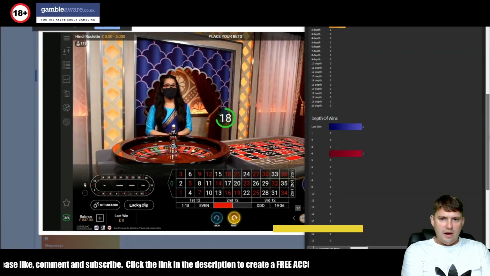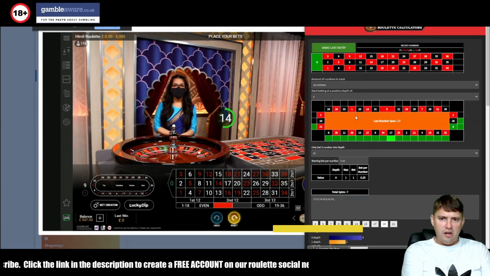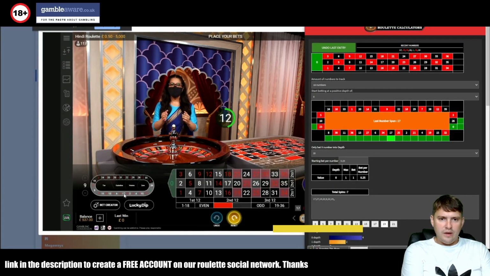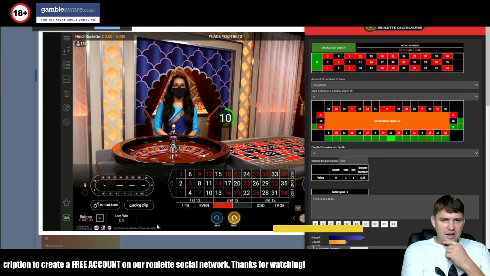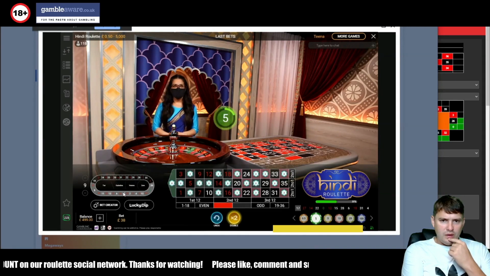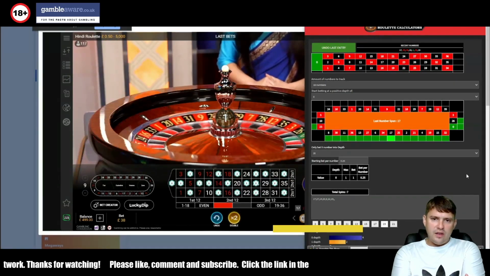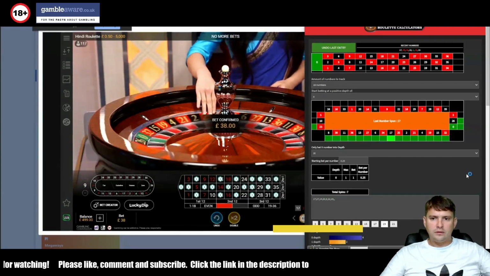So let's see if he... yeah, so depth 0, 0, 0, 0, then a depth of 1. So Sam looks like he fancies his chances on there again. He's actually dropped it down to £2 per number, so just doing £38 bet on this one.